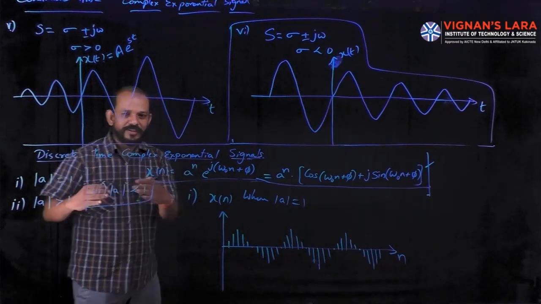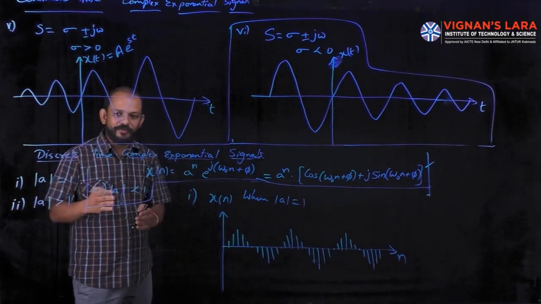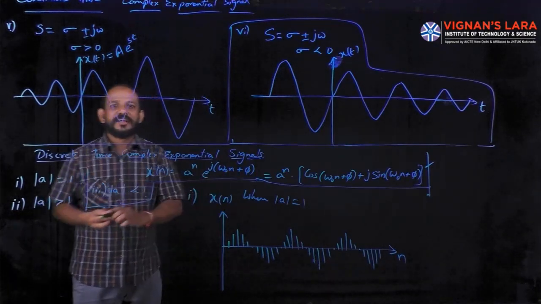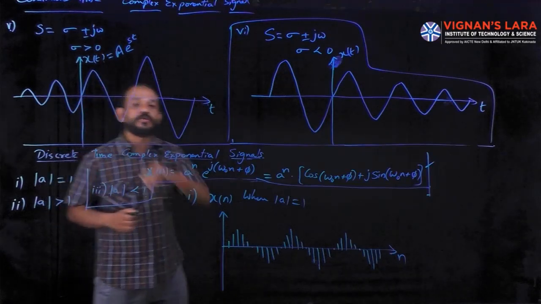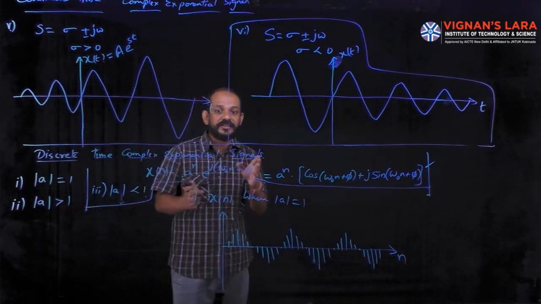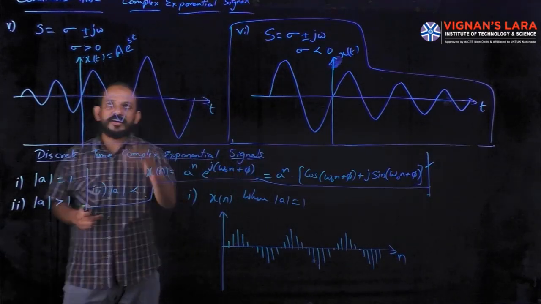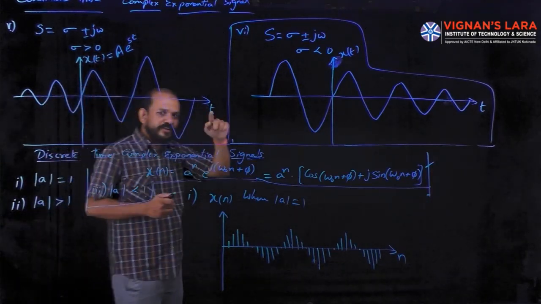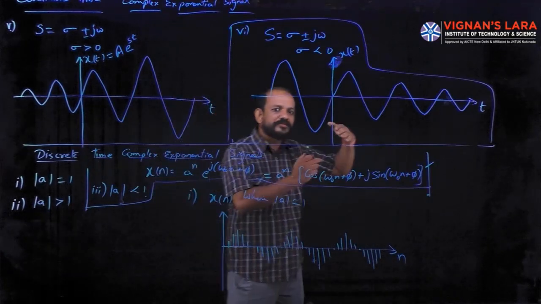The next two cases, mod a greater than 1 and mod a less than 1, resemble the last two cases of the continuous time complex exponential signal. For sigma greater than 0, the amplitude of the sinusoidal grows exponentially.